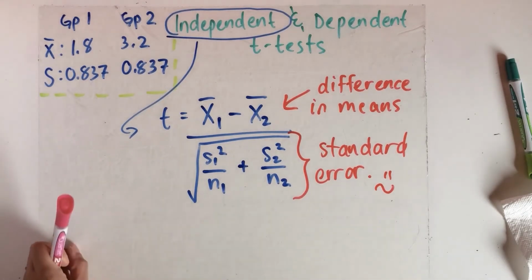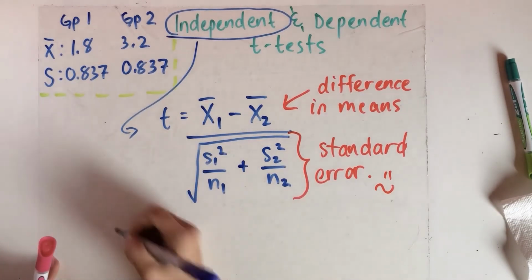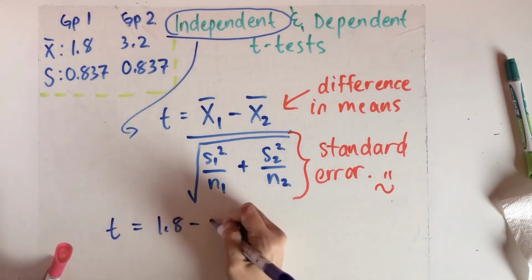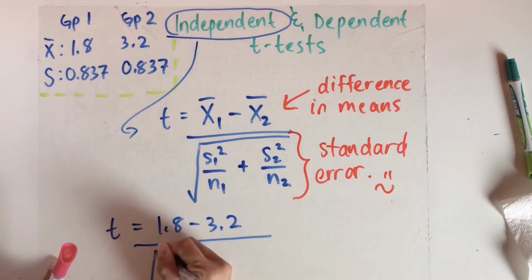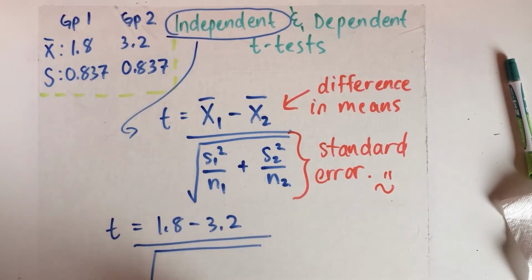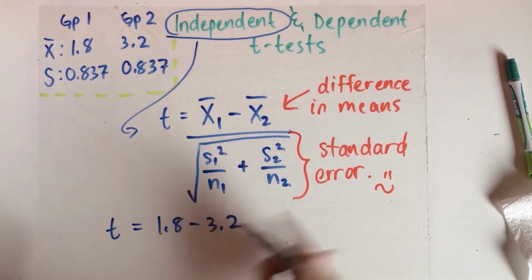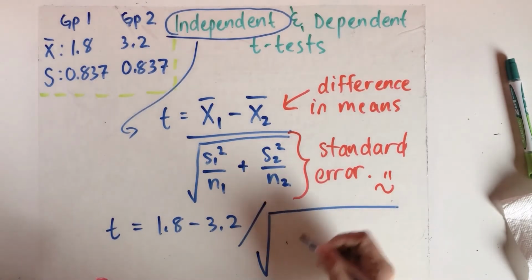Now that we have this formula and we somewhat understand the components, we're just going to sub in the values. So t is equal to mean 1 minus mean 2, and then we're going to divide by the square root of the variances.